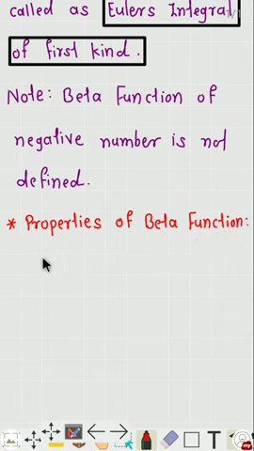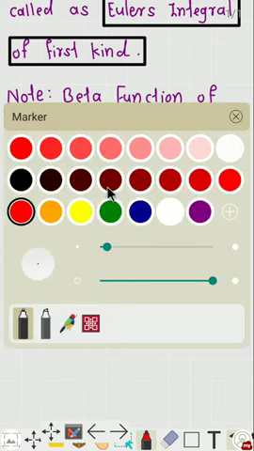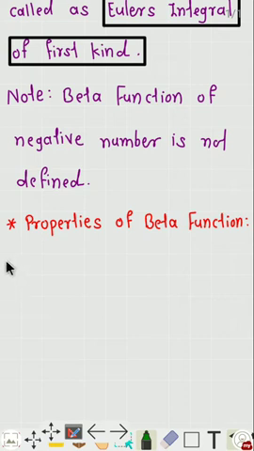The first property of the beta function is beta m comma n is the same as beta n comma m.